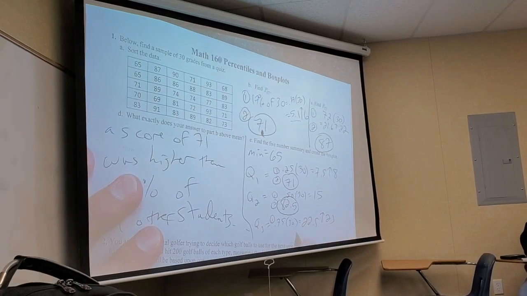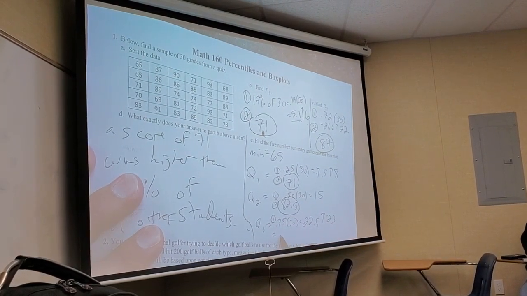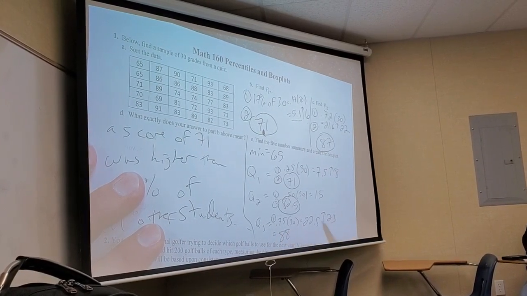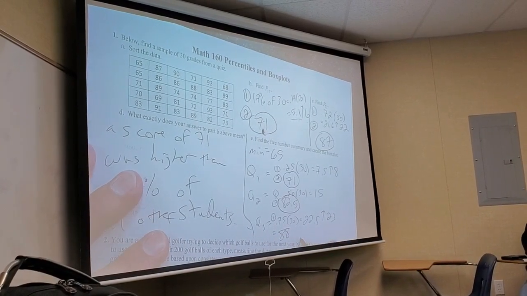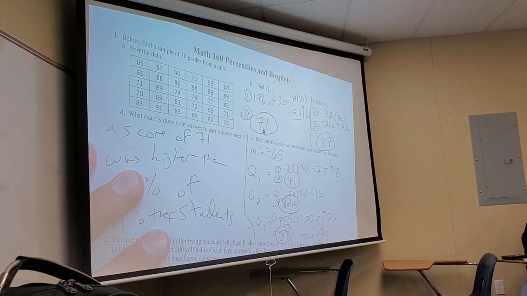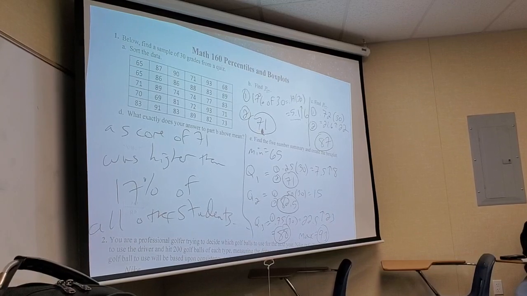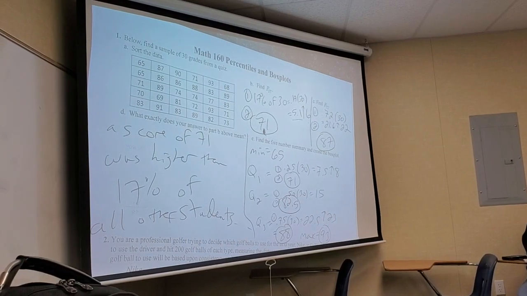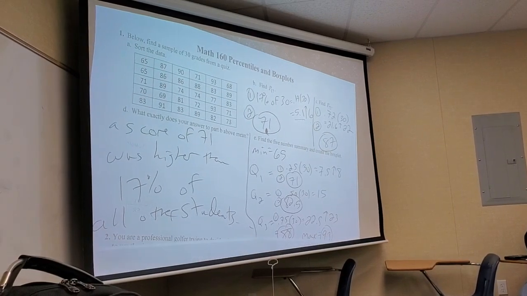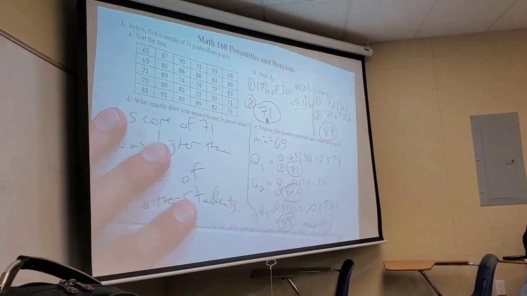So the 23rd number is 88. And what's the max number? 93. Okay. And I've given myself zero room for this, what do you call it? Box plot. Thank you.